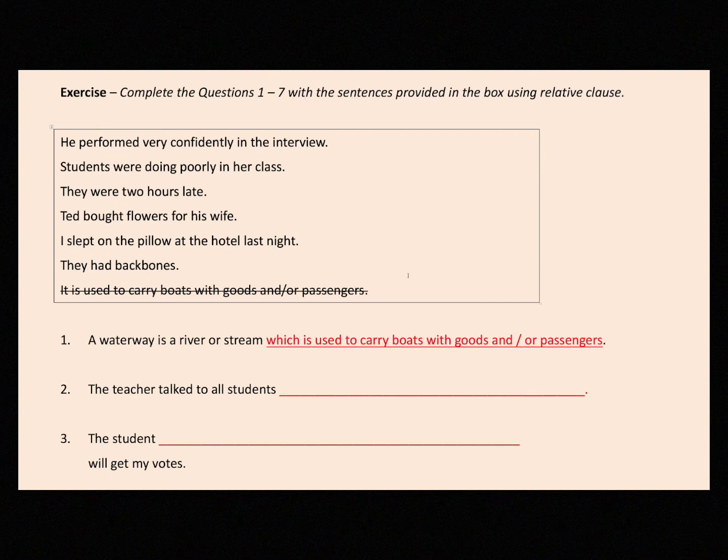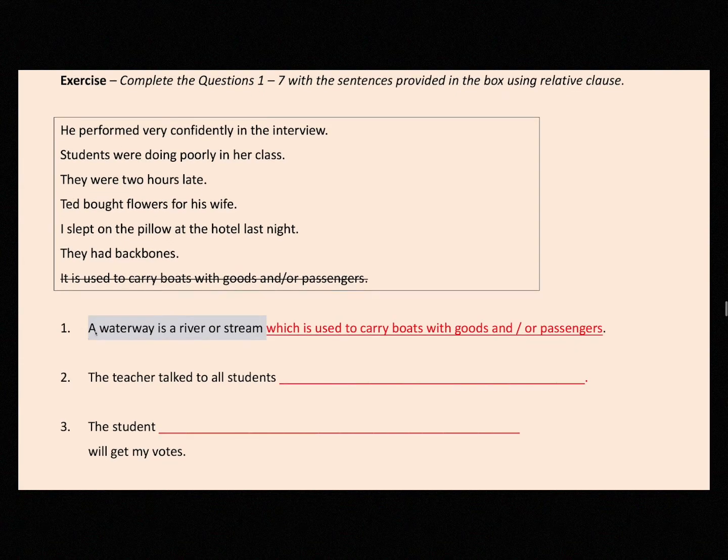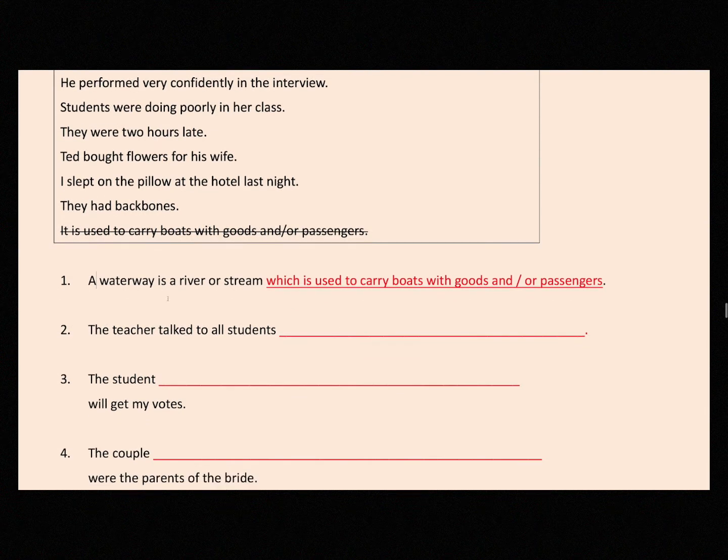Knowing that in a sentence there are different positions where we can put relative clauses, let's do an exercise. In this exercise, we have to match the sentences down below, like "a waterway, it's a river or a stream," with the sentences in the box. Number 1: a waterway, it's a river or stream, which is used to carry boats with goods or passengers.